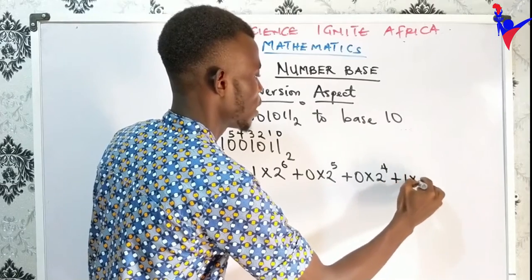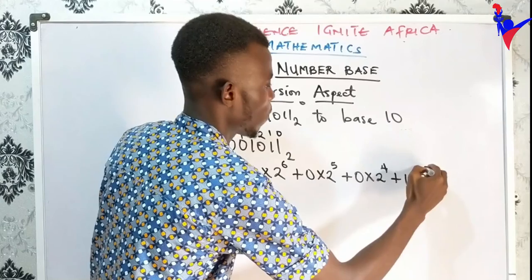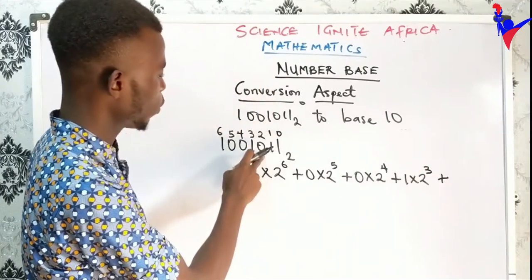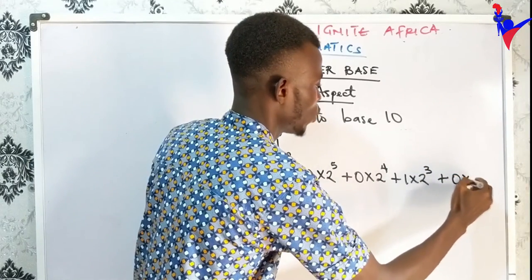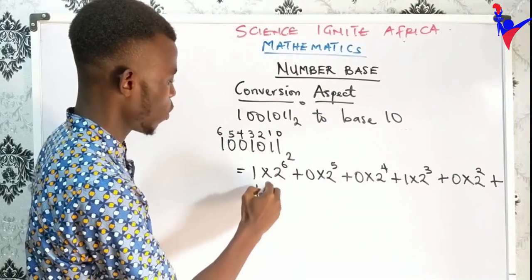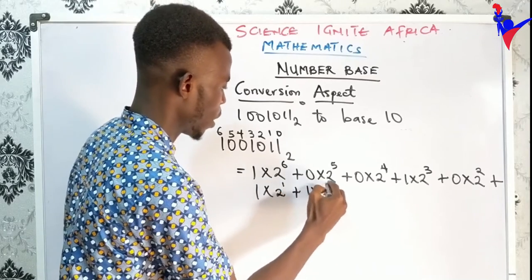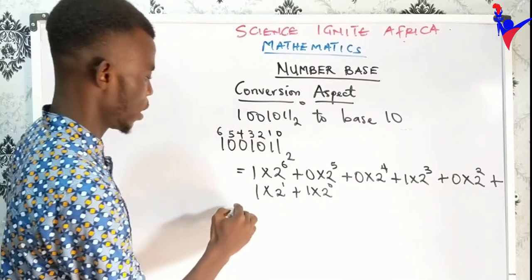Plus 1 multiplied by 2 raised to power 3, plus 0 multiplied by 2 raised to power 2, plus 1 multiplied by 2 raised to power 1, plus 1 multiplied by 2 raised to power 0.